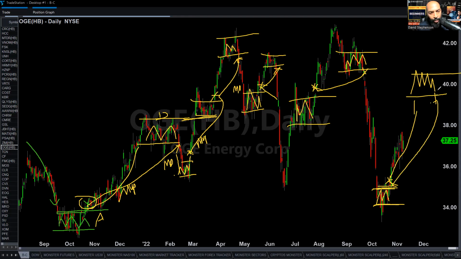If it doesn't break support, all right, continues higher, breaks resistance, we can add, or just continue to hold our initial position from here. We're not using RSI, we're not using stochastics, we're not using MACD, all right? We're not even using moving averages. We're just using pure price.